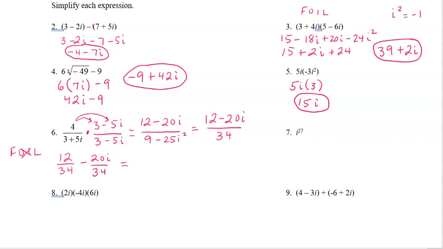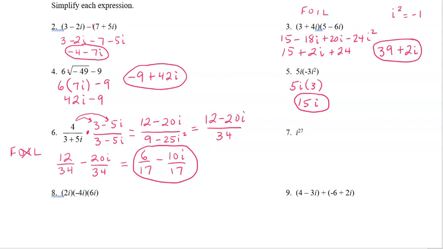All right, so I just broke it up as two different fractions with a 34 denominator for both. And I can divide by 2 into both, so I can reduce. So this would be 6 over 17 minus 10i over 17. And there's my answer for number 6.